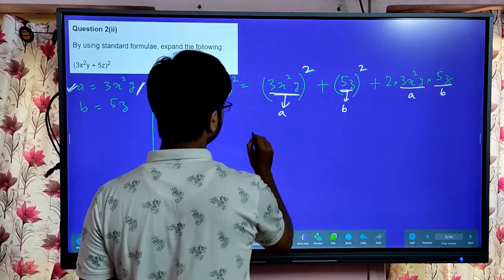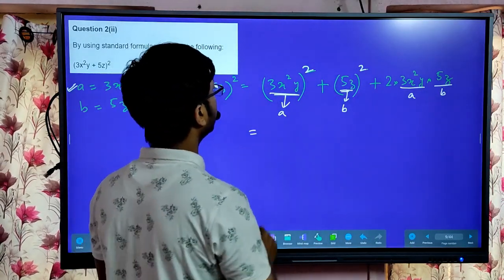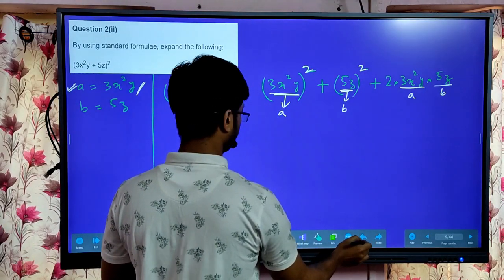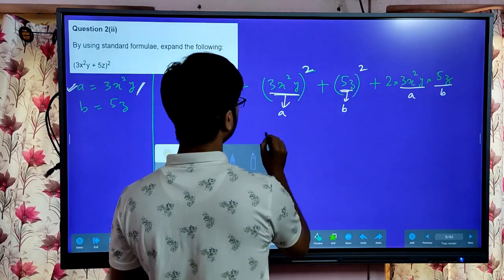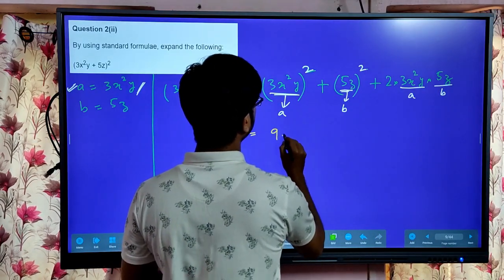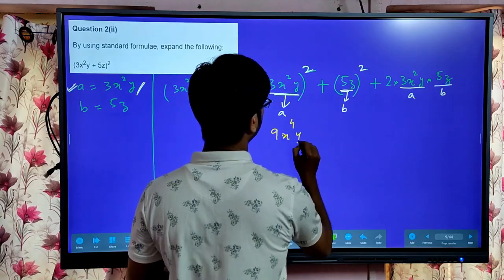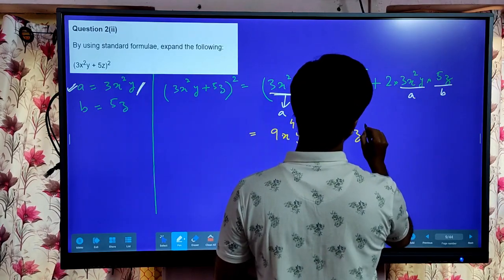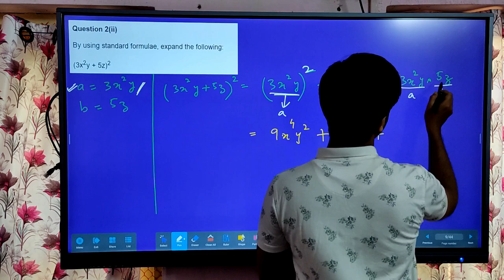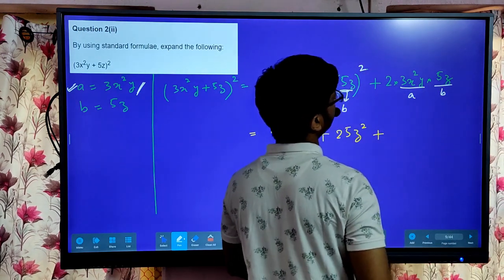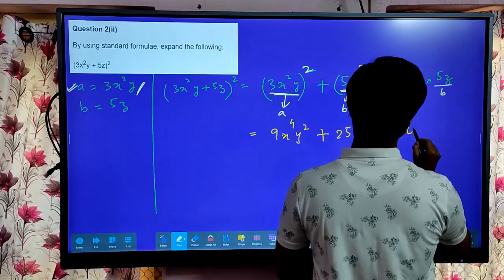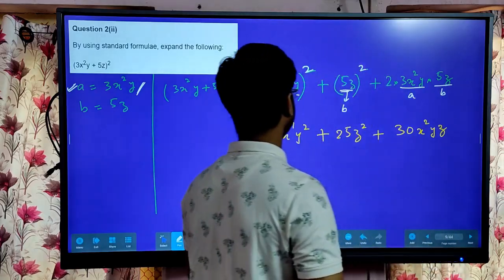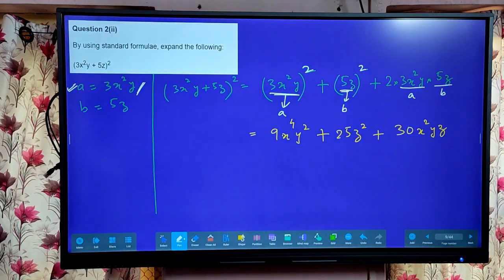So what it comes to, it will be 9x to the power 4 y square, plus 25z square plus 2 into 5 is 10, 10 into 3 is 30, 30x square yz. So this will be your answer.